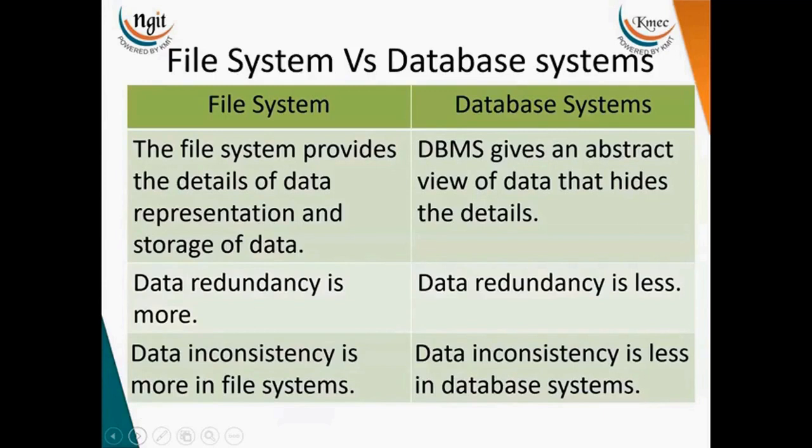The first point under the file system is that it provides the details of data representation and storage of data, which means the data is stored in several directories. The directories in turn contain several folders, and folders may also include several files or data within them.